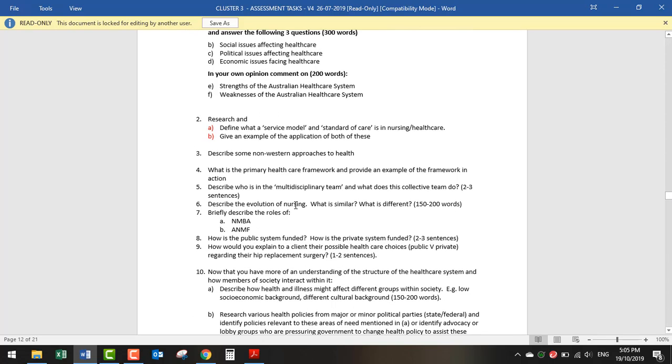So then question 2 here, it's asking you to research, okay? Research and define what a service model and a standard of care is, okay? So this is sort of 2 parts. We want you to research what is a service model in healthcare, nursing and healthcare.